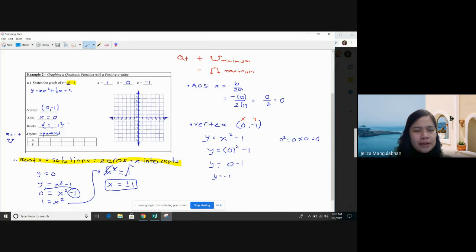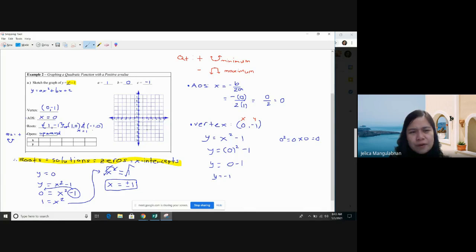You may also write your answer like this: 1, 0, or negative 1, 0. Or sometimes they also write the roots as the x-intercept, as x is equal to 1, x is equal to negative 1.